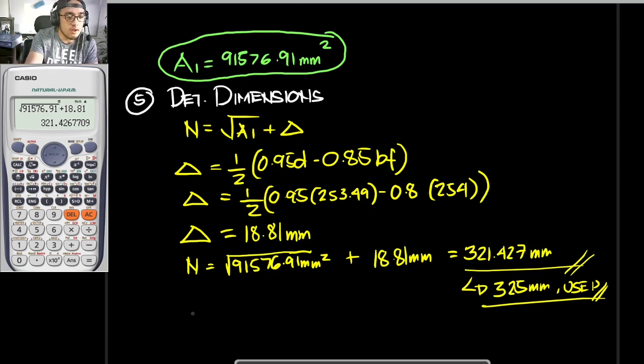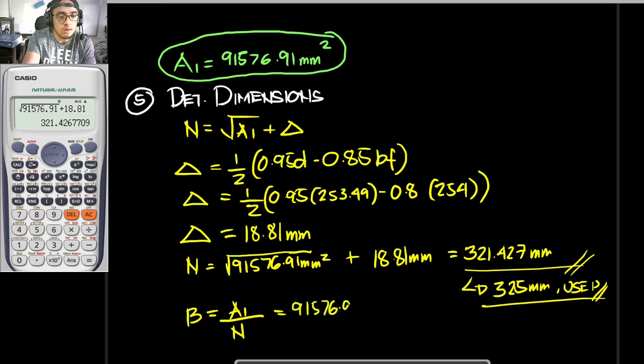So for the value of our base, so our base would be equal to the area 1 divided by n. So etong formula na to, yung tinatanong ko sa inyo kanina kung naintindihan nyo. Okay, so that is to be 91576.91 millimeters squared divided by n. So anong n ba gagamitin natin? So would it be this or would it be this? So ito na yung gagamitin natin eh. So that is to be 325 millimeters.